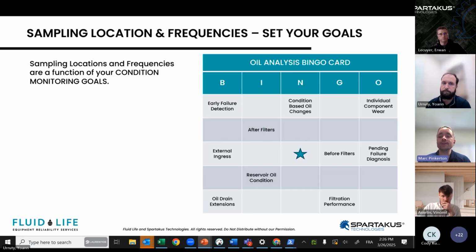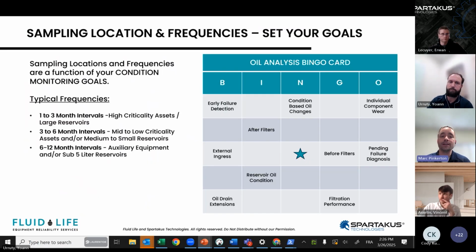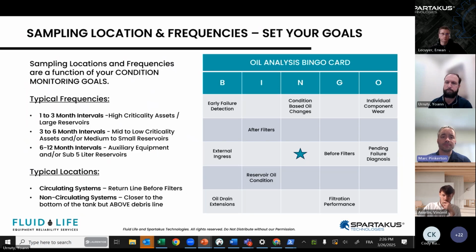In terms of getting an oil analysis program started or self-auditing one that you might already have in place, considering things like sampling locations and frequencies, it should definitely be reflective of what your goals are with oil analysis, right?